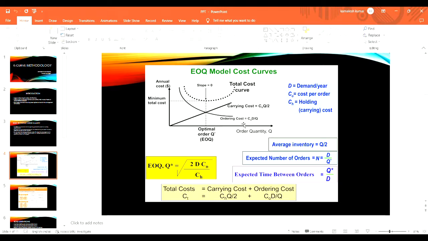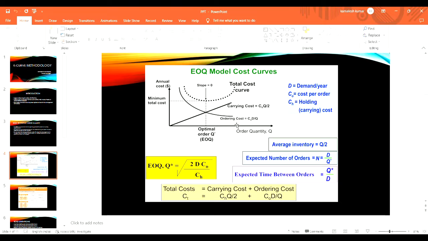As the ordering quantity increases on the x-axis, the carrying cost also increases, so these two are directly proportional. Whereas the ordering cost and the order quantity are inversely proportional, so as the ordering quantity increases, your ordering cost decreases.